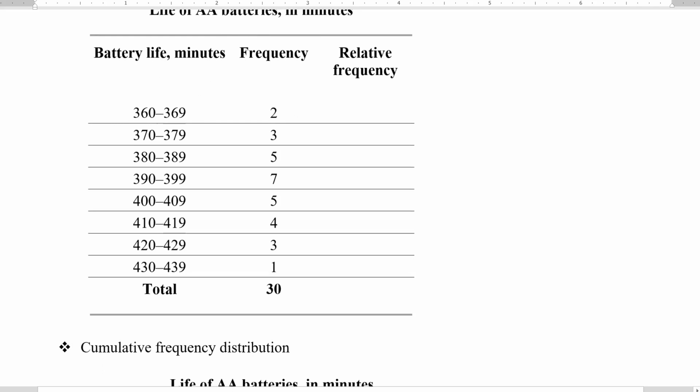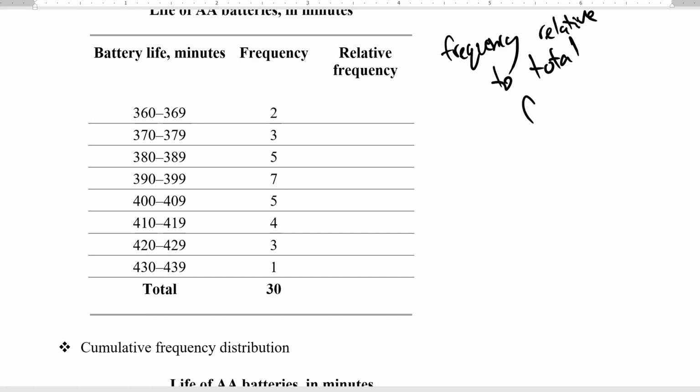So now that we have these frequencies, what do we need to be able to do? A couple things. First one's called relative frequency. The relative frequency says what is the frequency relative to the total? So it's the frequency relative to the total, or basically the frequency divided by the total.